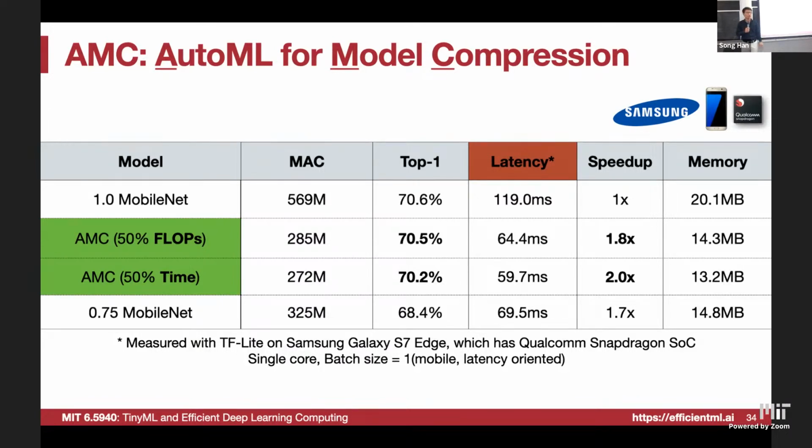So 0.75 times 0.75 is how much compute is left. It's quadratic, right? That's why we get about 70% speedup. It's not linear, it's quadratic, since the computation FLOPs is proportional to the input channel times the output channel, and both of them are 3/4 of their original size. All right.